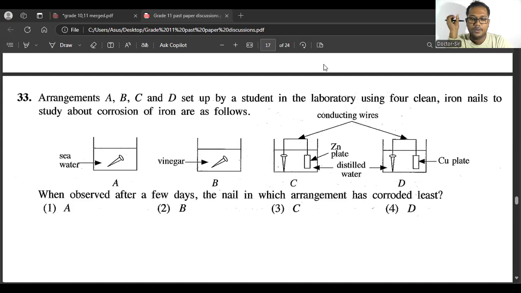They have prepared the arrangement of A, B, C, D setups with clean iron nails to study the corrosion of iron, as follows.